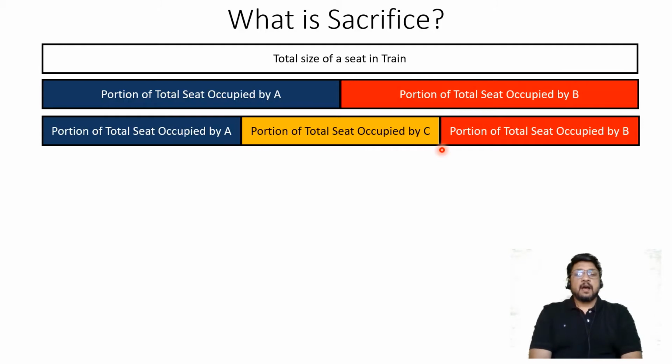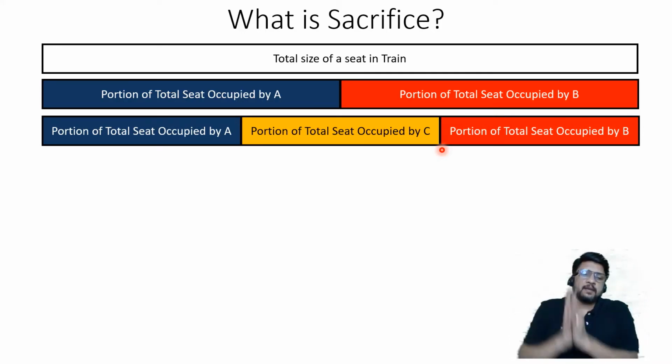What is happening? After C is coming in the train, the size of the train seat is not increasing, size remains the same. But the seat which was earlier occupied by only two passengers is now in a position to accommodate three passengers. That means the earlier two passengers will have to now reduce the size of the seat which they were occupying, and they'll have to share it.